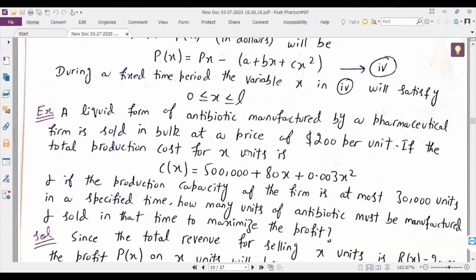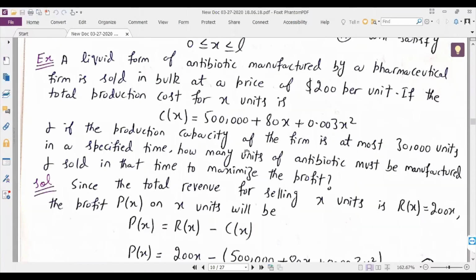Now here is an application to an economics problem. A liquid form of antibiotic manufactured by a pharmaceutical firm is sold in bulk at a price of $200 per unit. The total production cost for x units is given by this equation. This is the cost function.